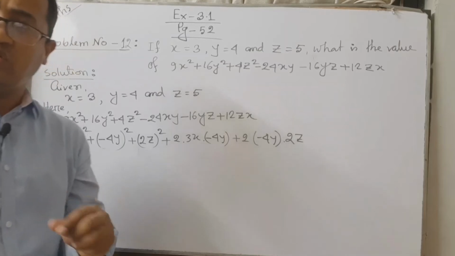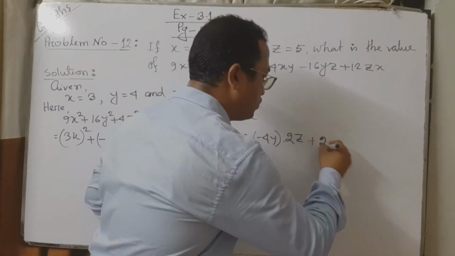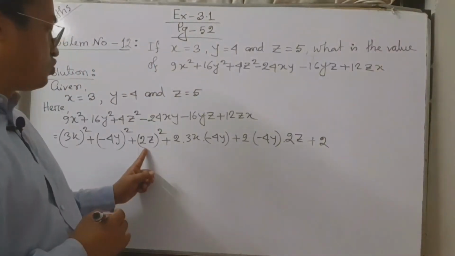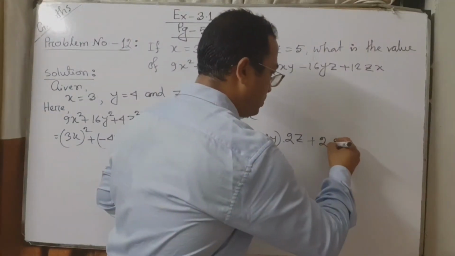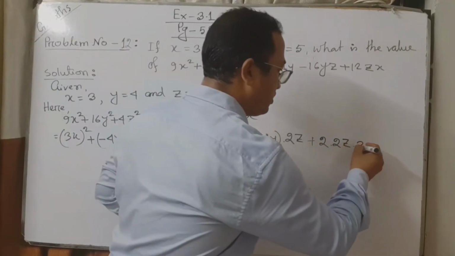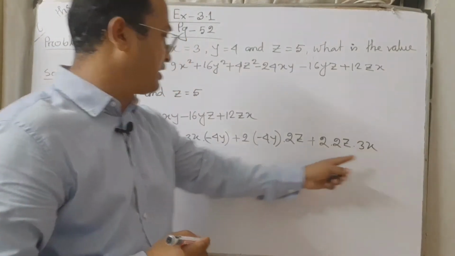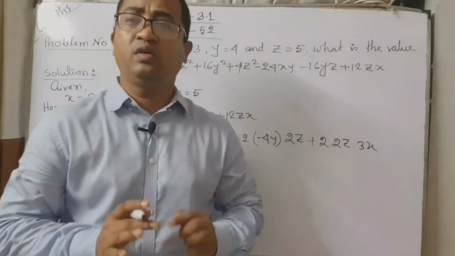So it is also correct. Now the third one is 2ca. c means 2z and a means 3x. So it will be 2 times 2 is 4, 4 times 3 is 12zx. So it matches.